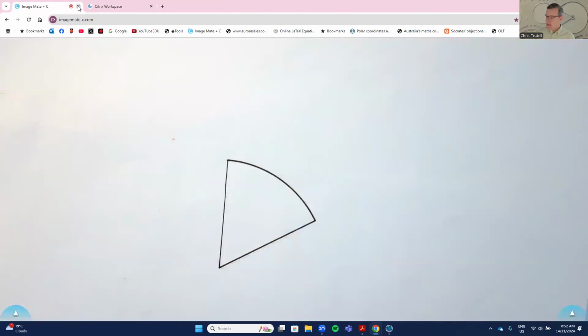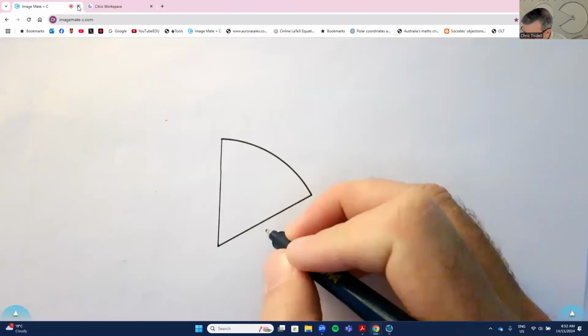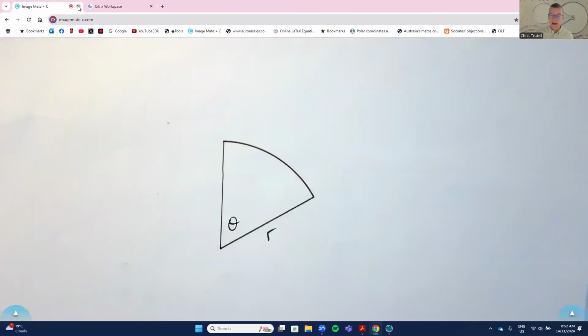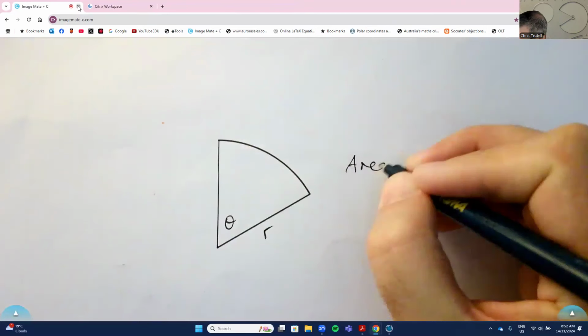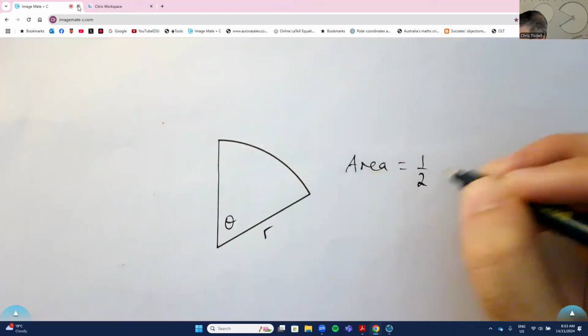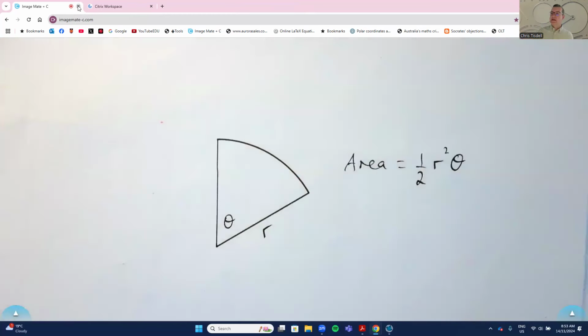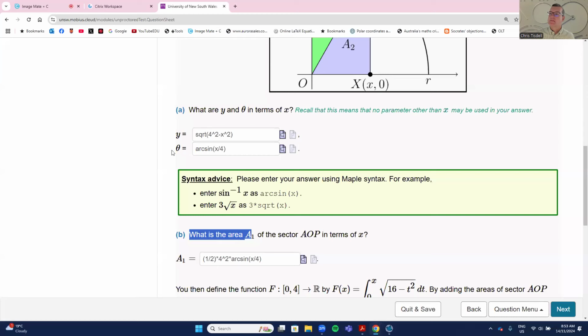That's a sector, and it's got a radius and an angle. So the area is just a half r squared times theta. In our case, the radius is 4, and theta is here.